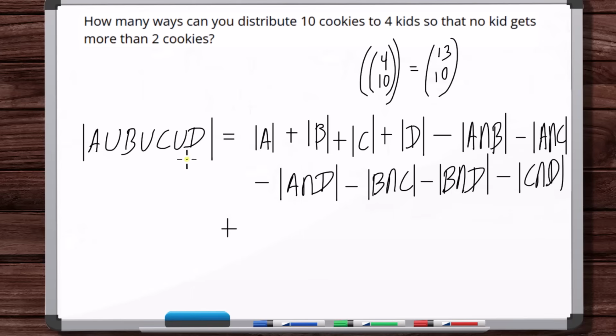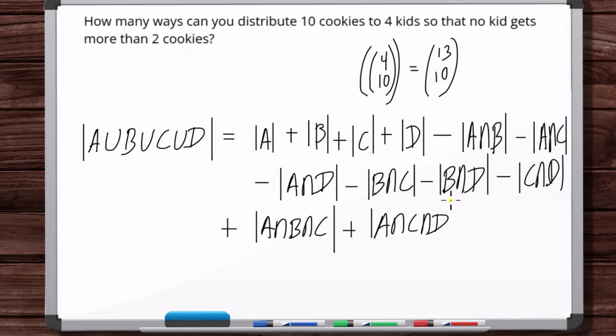So now we want to add the triples. So we have 4 choose 3. That's 4 factorial over 3 factorial, so it's going to be 4. We should have 4 of these intersections of triples. So A intersection B intersection C, then plus, let's see, A intersection C intersection D, plus B intersection C intersection D, and now there's one more.